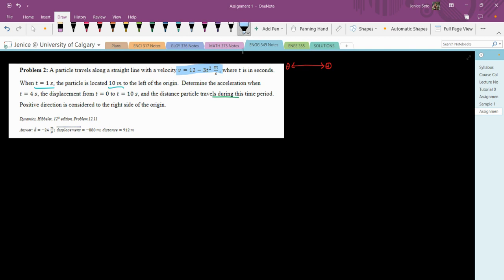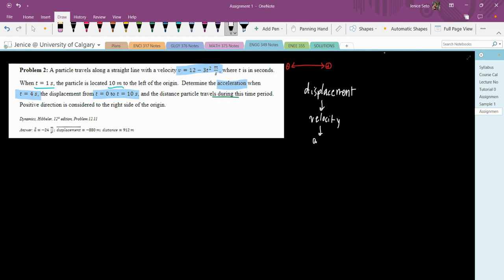So now we want to determine the acceleration at a specific time period and displacement within a certain bound. So automatically this should kind of set in that we need to differentiate, right? Because we have velocity and we want to find acceleration. And displacement, now that we have a bound, these are going to represent our bounds when we integrate, right? So basically, we have displacement and we differentiate, we get velocity.